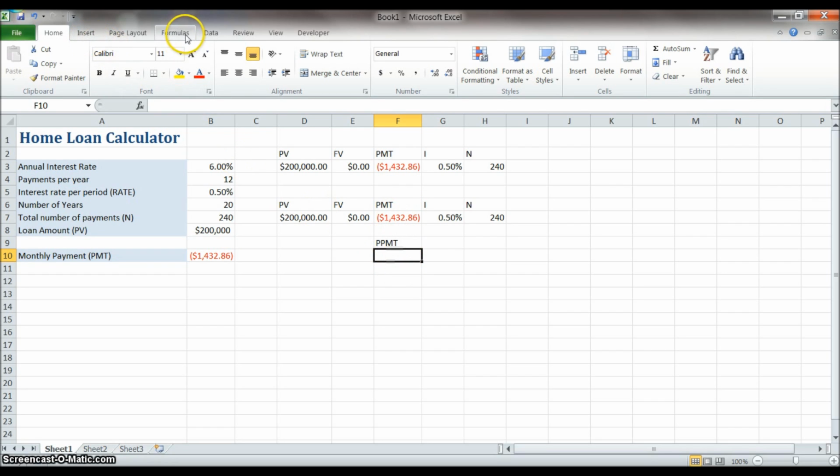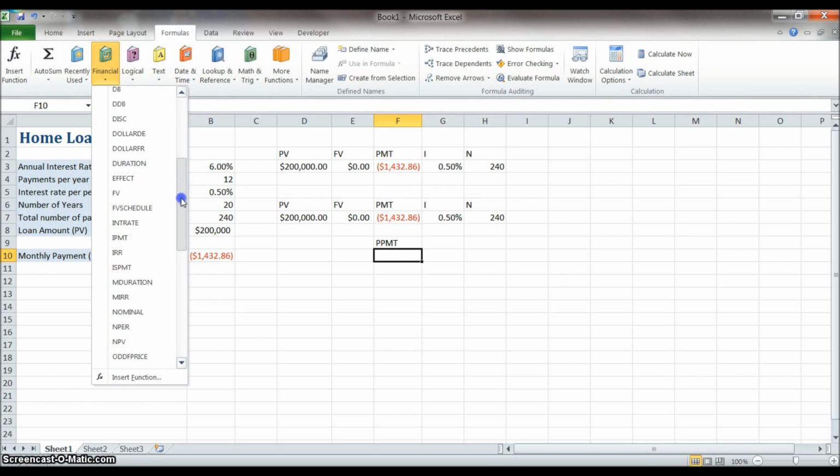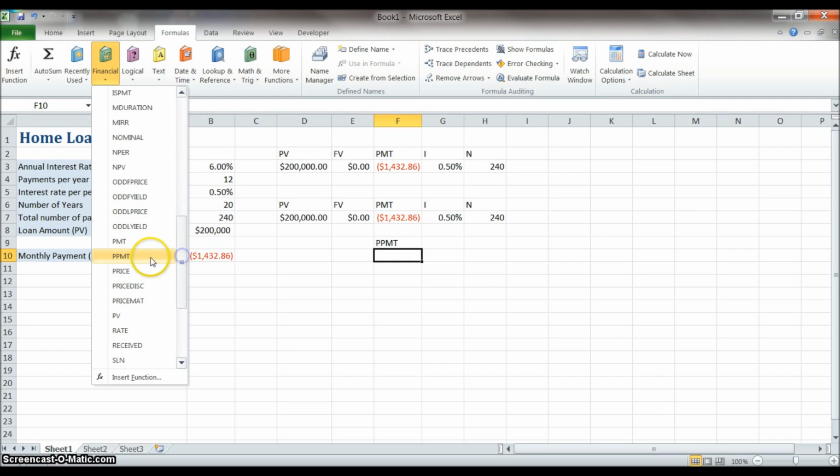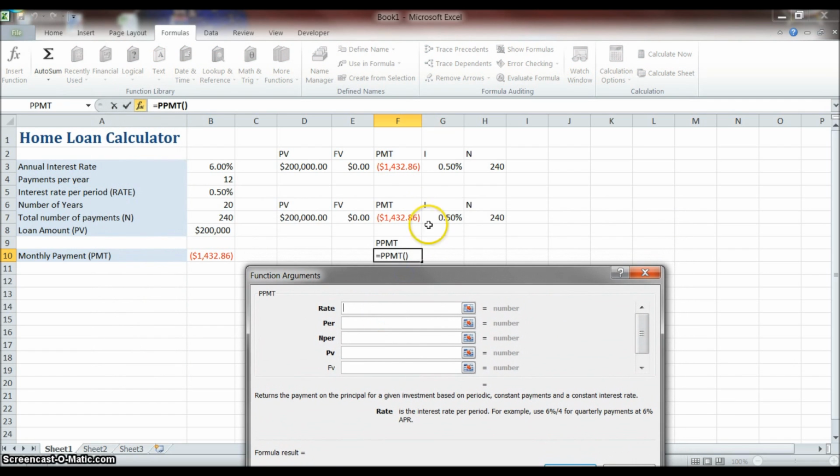So I'm going to go to our financial functions again, and I'm going to scroll down until I see PPMT right there, and it's going to prompt me for the same values again. So my rate is that one, and the period is simply what period we're looking at.